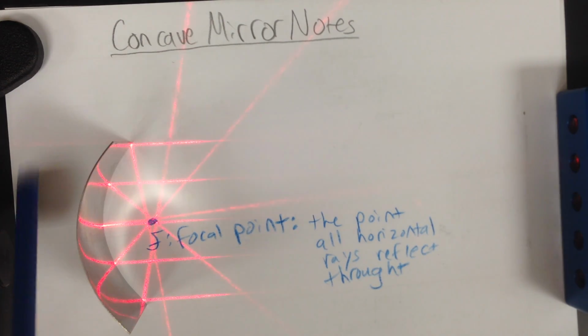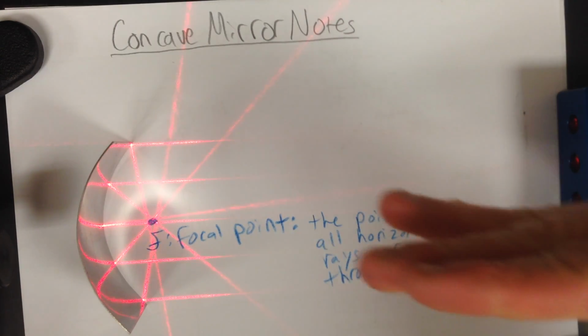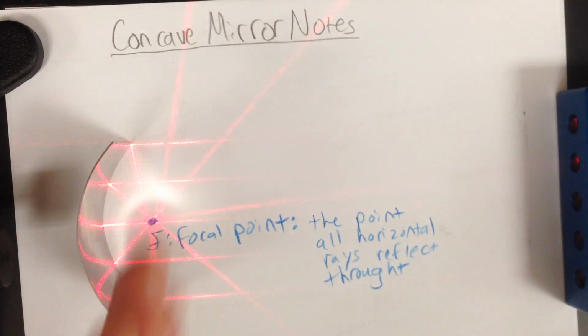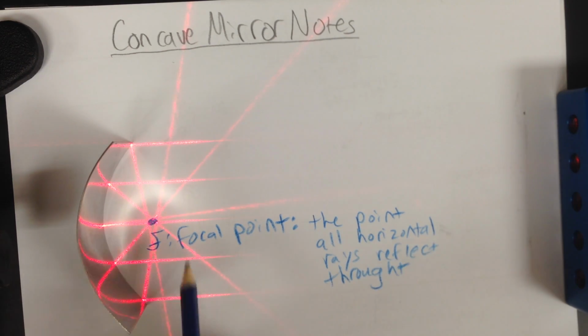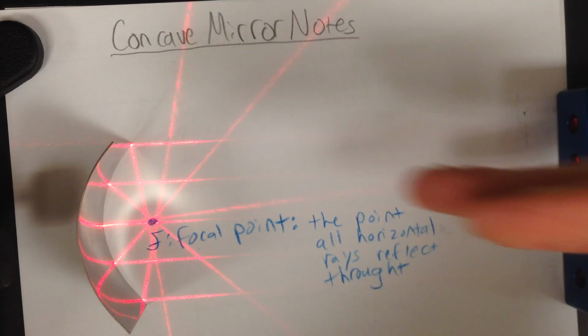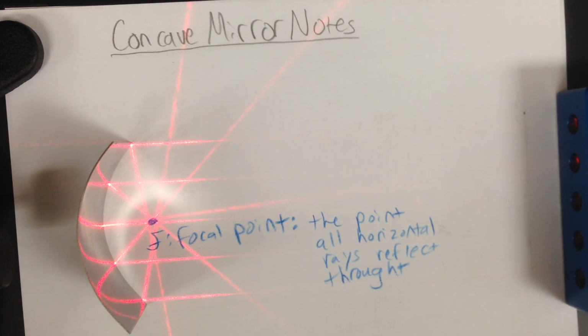A curved, or concave, curved-in mirror like this basically acts like a satellite, where if a ray comes in straight or horizontally, then that ray will always reflect through the same spot. If you had a satellite, there would be a receiver located at the focal point. So it gets all of the horizontal rays coming in, all go to the receiver right there. And it's the way it works with curved mirrors too.